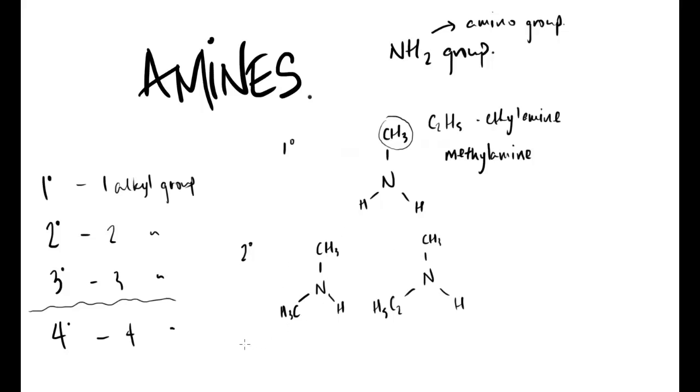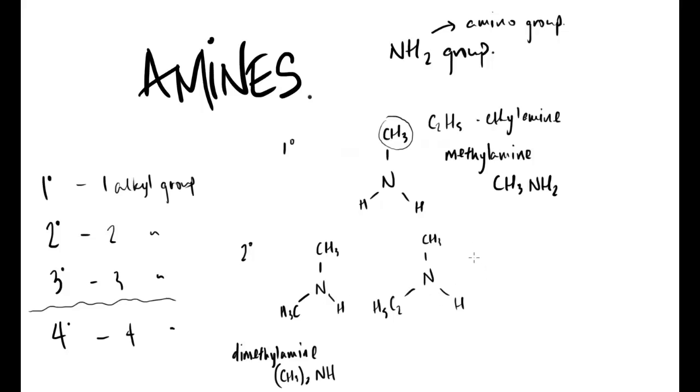Just as with any organic chemistry, we would name that as dimethylamine. In terms of its structural formula, I'll write this out here. This one would be CH3NH2. This one we could write as (CH3)2NH, because we've only got the one H now, not NH2, that's incorrect.